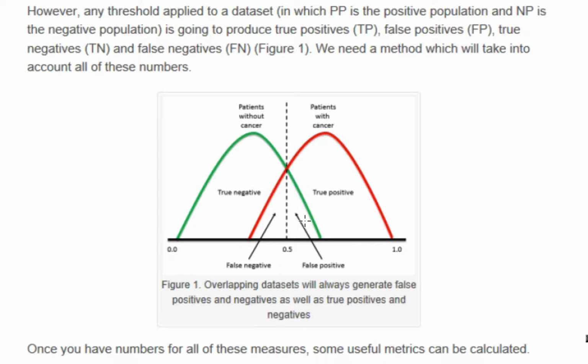And false positive is that the patient didn't have cancer and was predicted as having cancer. So in this false positive or negative is where the model fails. We are going to see more examples to make this clear.